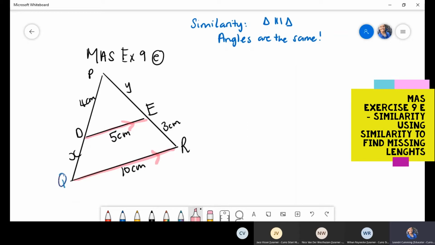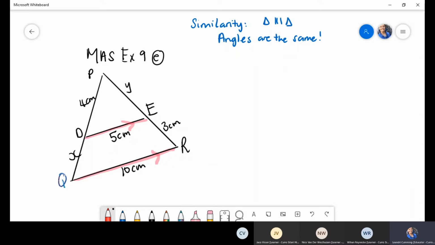But how would you have proven this if they were to ask you from the beginning, just solve for X and Y, without making the statement to prove similarity?